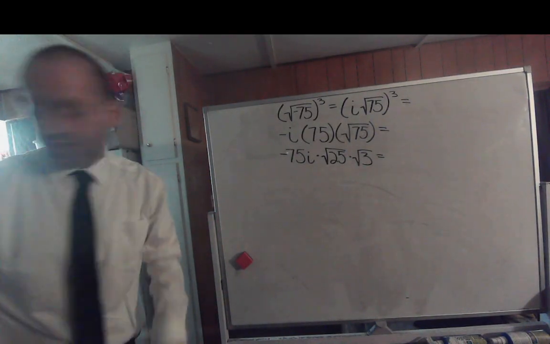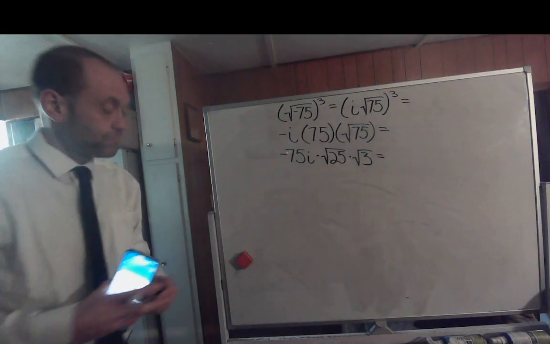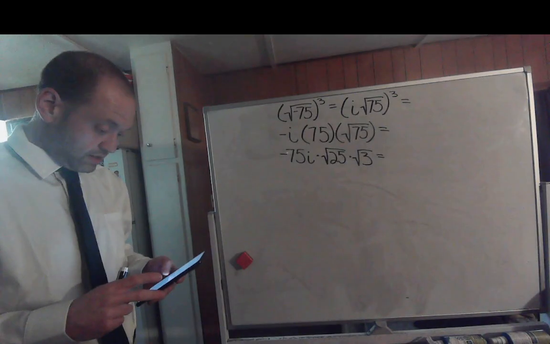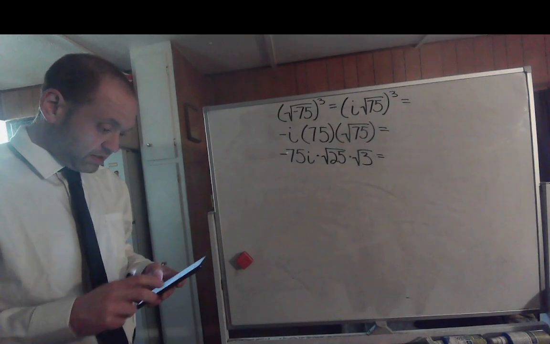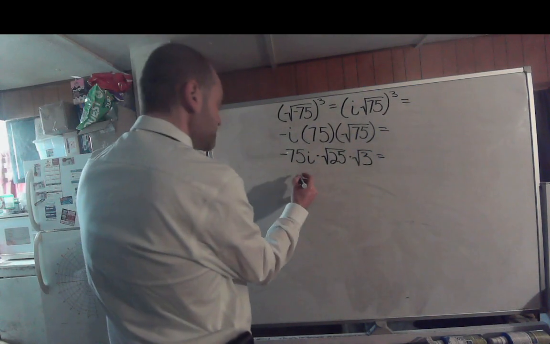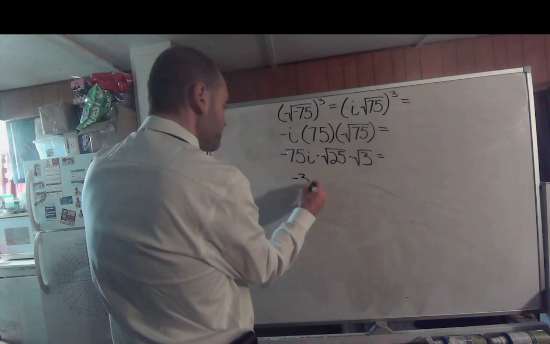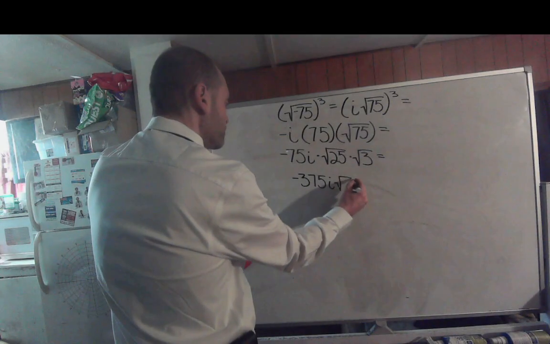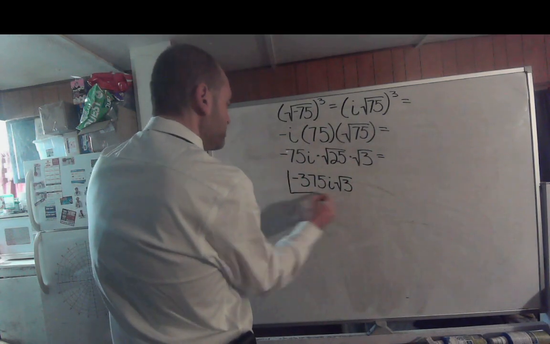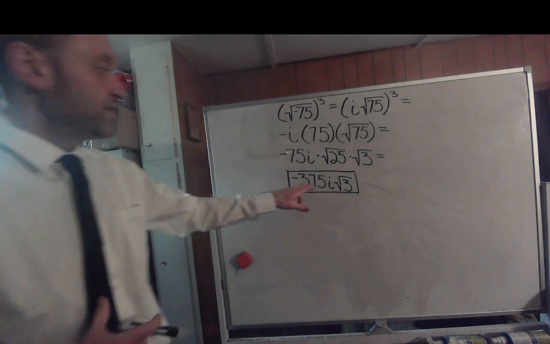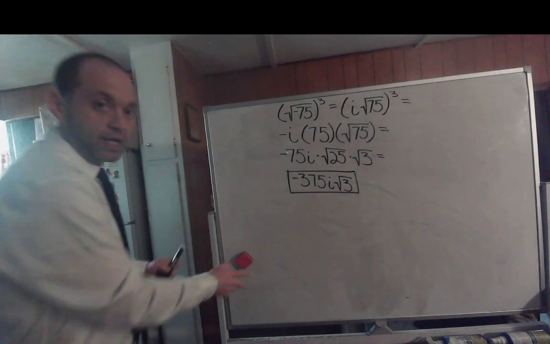So let's take 75 times 5, you end up getting negative 375. So this would simplify into negative 375i times the square root of 3. And that would be the best you could do.